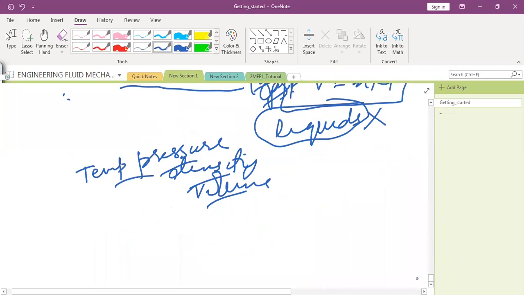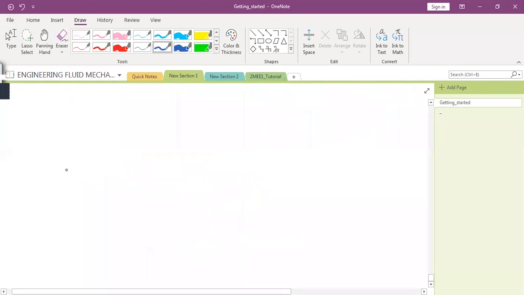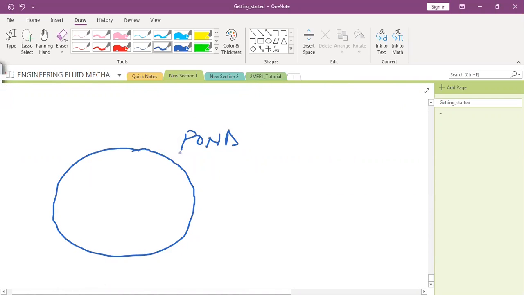Now we are actually approaching a more interesting property, and that is surface tension. I'm asking you 2 questions now. Try to answer those, and that will clarify your concepts regarding surface tension. Say this is a pond, and the water is still.